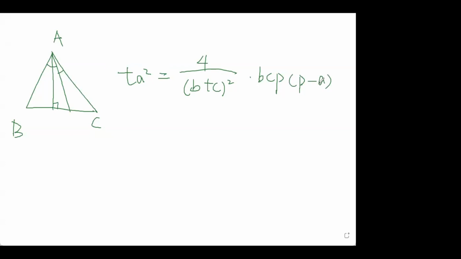So the square of TA is smaller than P times (P minus A).